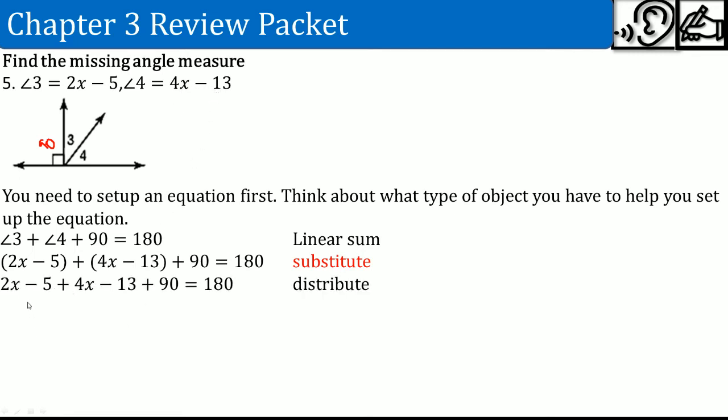Combining some like terms here. All the x's are right here, and these are the constants.